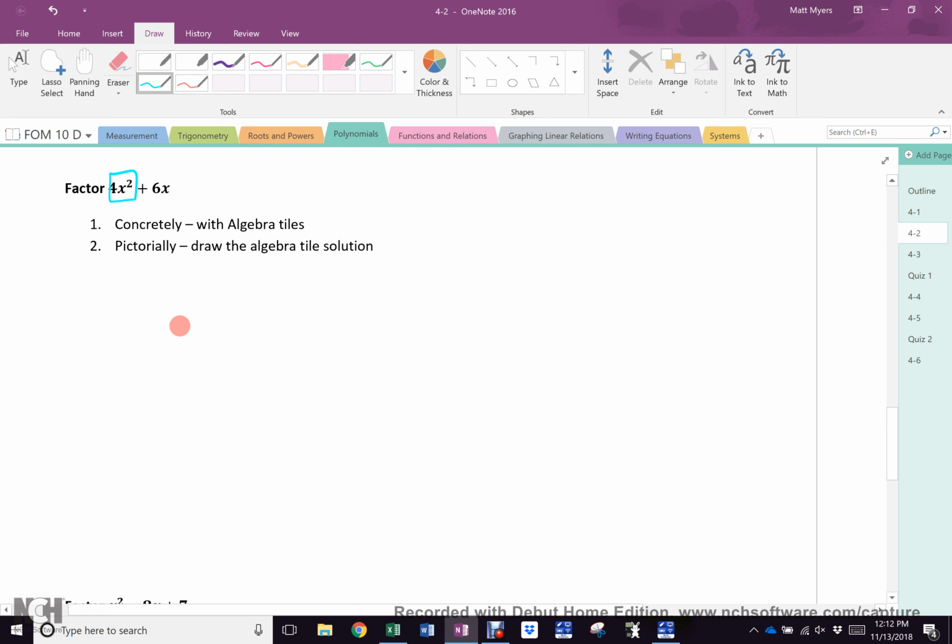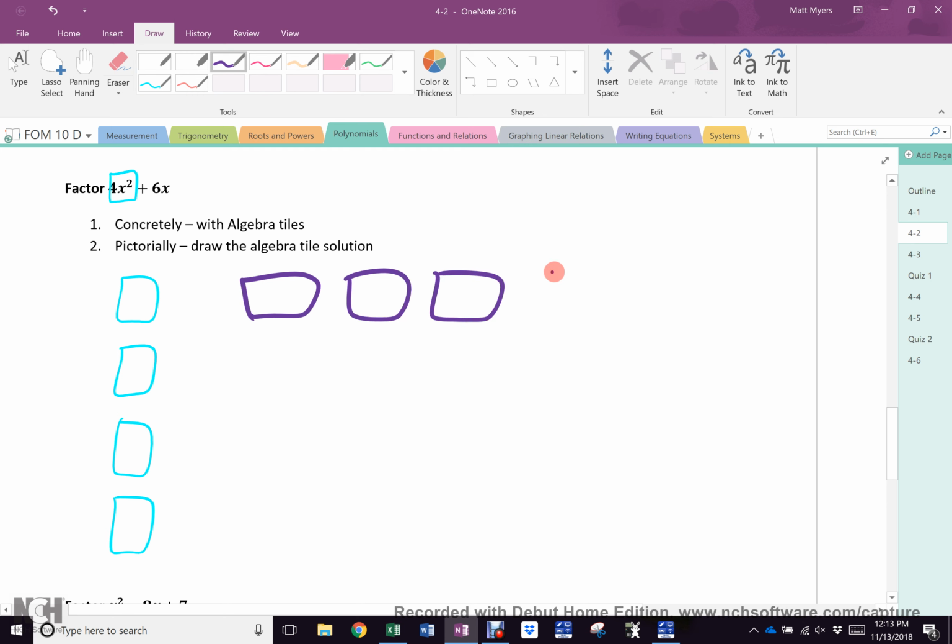No. What are my options? Give me one of them. Straight up and down. I could do that. Yes? What's the other option? Horizontally. And what's the third option? 2 by 2. Correct? Okay.